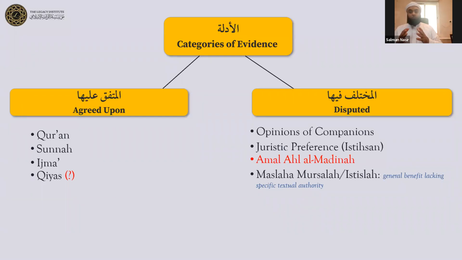But if we accept that there is an ijma' on this, and the khilaf is later, then this khilaf is an invalid khilaf because it's going against ijma', which we have yet to discuss. Is ijma' a hujjah or not? But again, let's agree for the sake of argument for right now that ijma' is a hujjah.